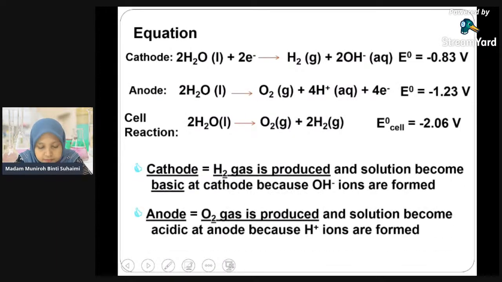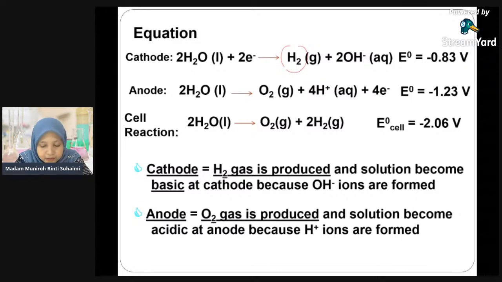Equations for the cathode, the anode and the overall cell reaction. At the cathode, hydrogen gas is produced and the solution becomes basic because hydroxide ions are formed.